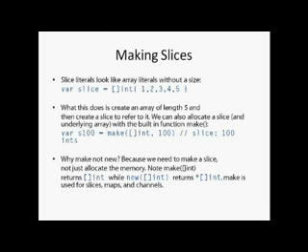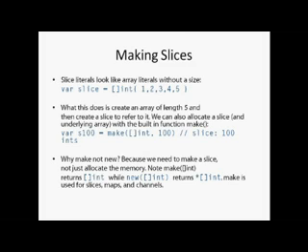Next thing is making slices. Slice literals look like array literals without a size. What this does is create an array of length 5 and then create a slice to refer to it.